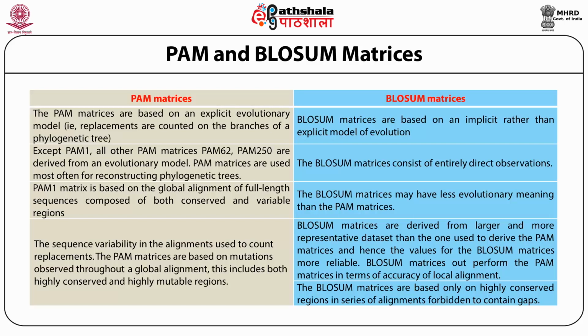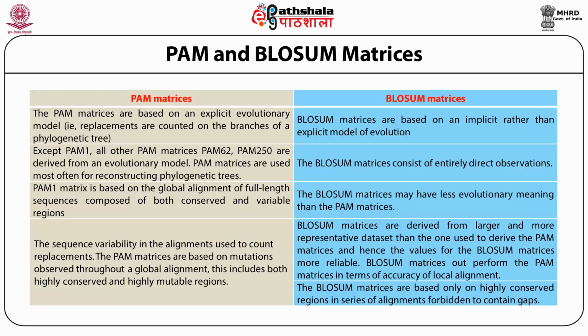Except for PAM1, all the PAM matrices like PAM62 and PAM250 are derived from the evolutionary model. PAM matrices are used most often for reconstructing phylogenetic trees, whereas BLOSUM matrices consist entirely of direct observations. Whatever is observed during the sequence alignment is taken into direct account, and statistical analysis is done based on that.